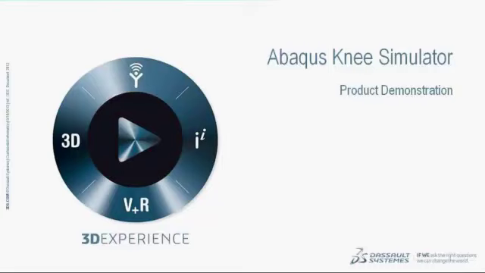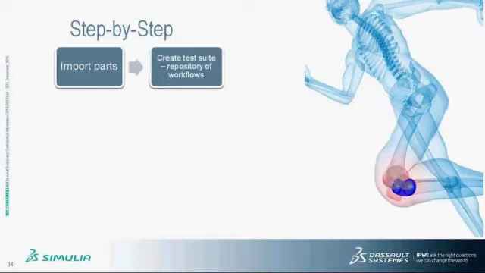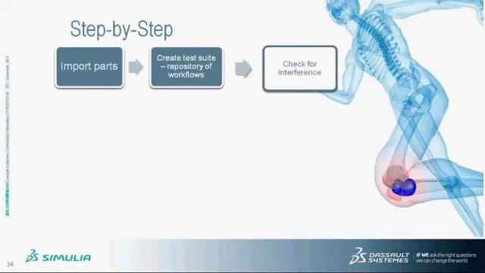So now, before we start the actual product demonstration, I just want to go through the step-by-step on using Abaqus Knee Simulator to set up these advanced knee implant evaluation workflows. First, the user imports knee implant components, then creates a test suite, which is a repository of workflows. Next, we provide tools for the user to check for interference. The reason for doing that is because the analysis is executed using Abaqus Explicit.